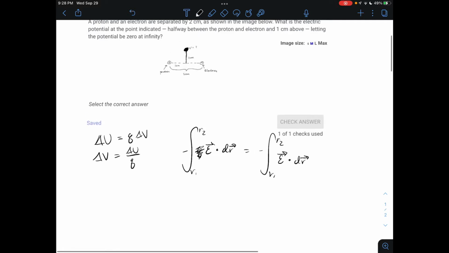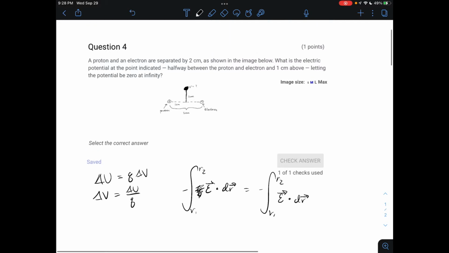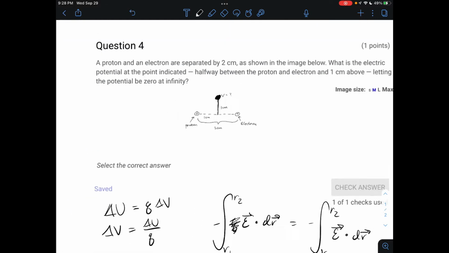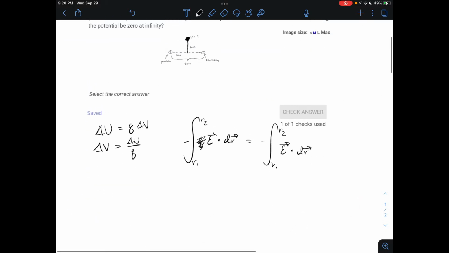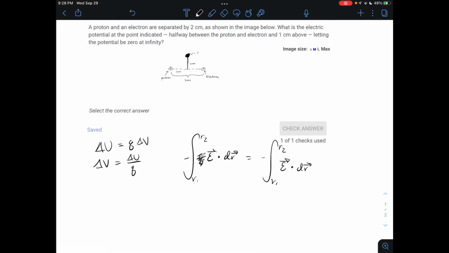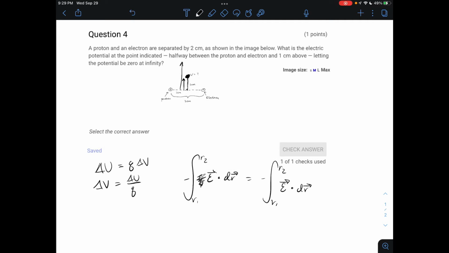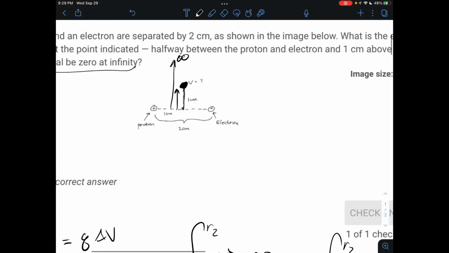So this problem might seem pretty complicated because it has charges on both sides. Our dr vectors are going to be coming from here, going this way, coming from infinity. Because our potential is 0 at infinity, it's going to be going from infinity to this distance here, 1 centimeter away.